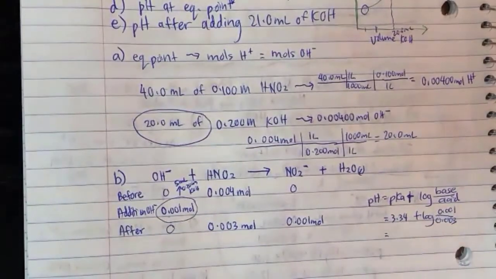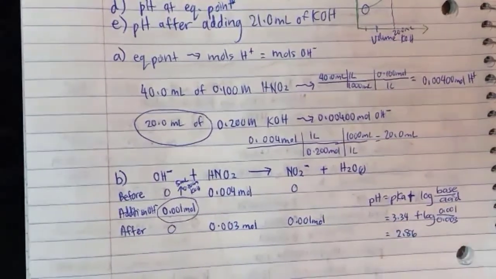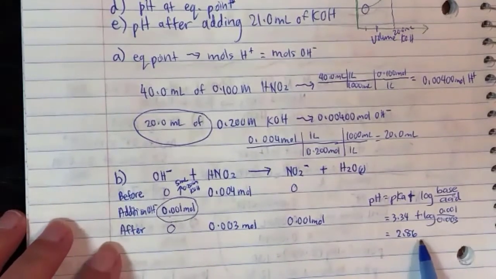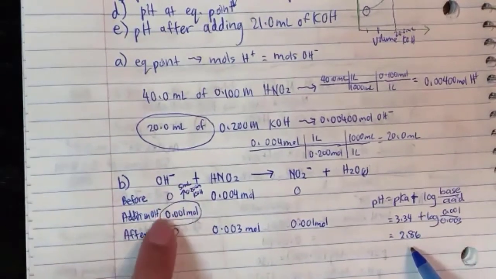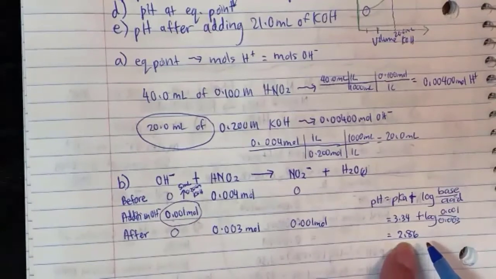So you should get a pH of 2.86. Let's try it out. Make sure you guys can do that. Yep. Everyone good? Okay. So that's part B. Part B says if you only add 5 mL of hydroxide, you do the buffer calculation, and you end up with your 2.86 pH.